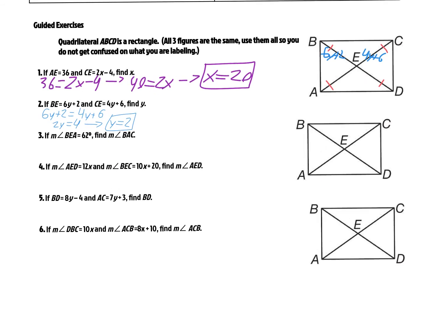Number 3, if the measurement of BEA is equal to 62, find the measure of BAC.